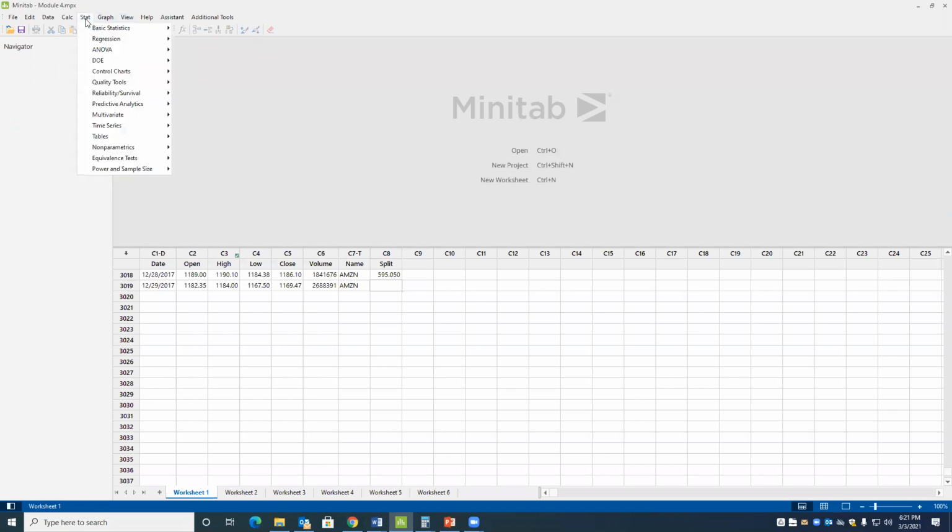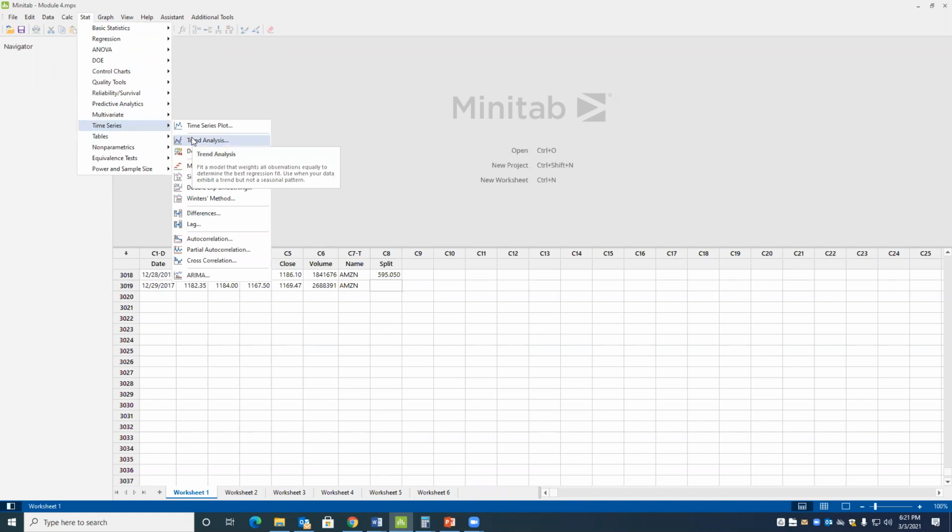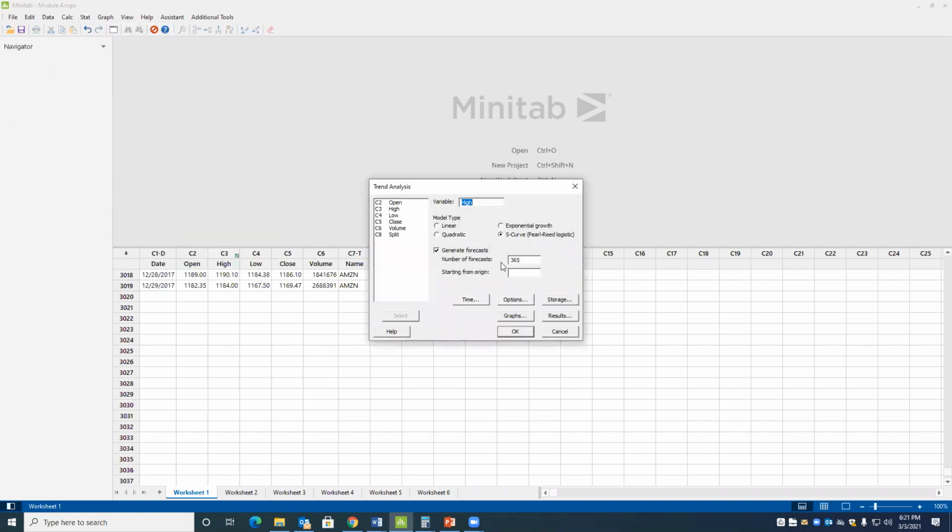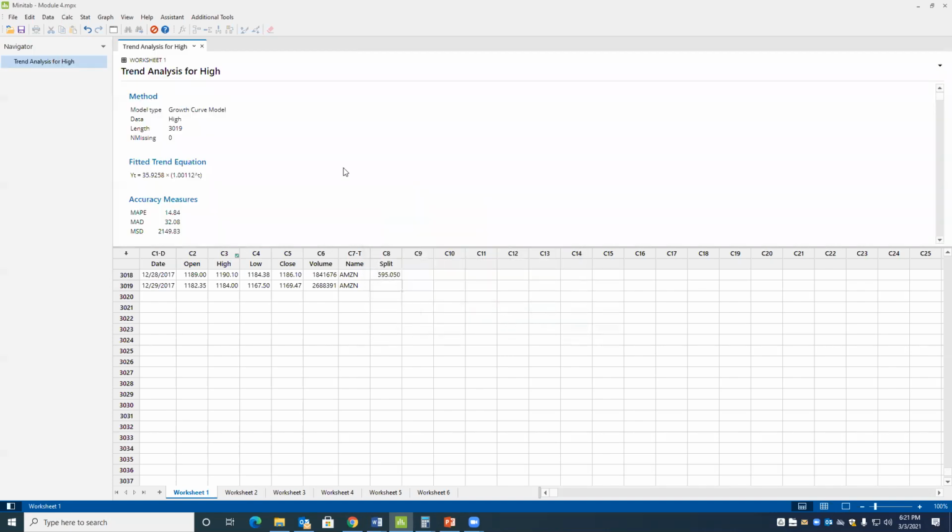Here I go under stat, we have time series, we are doing trend analysis, and here the number of forecasts is 365 days or 500 days or 730 days. So let's do 500. Oh, this is exponential, sorry. So this is exponential and the value. So how much is it going to be at the end of the day?